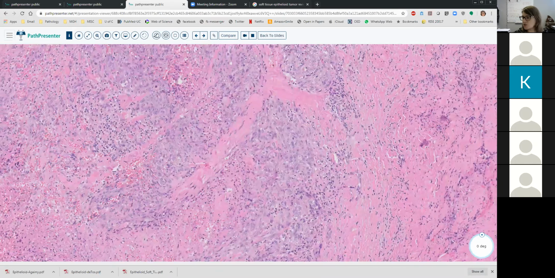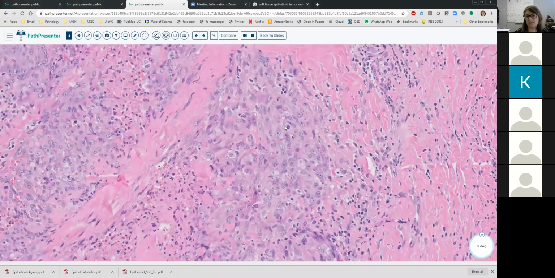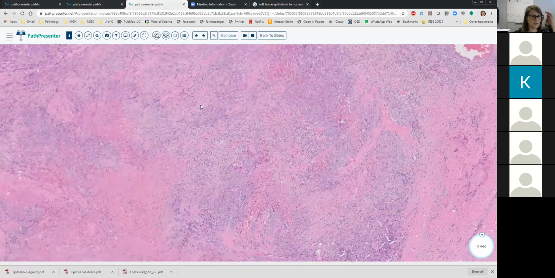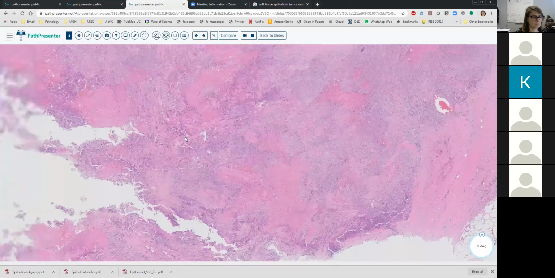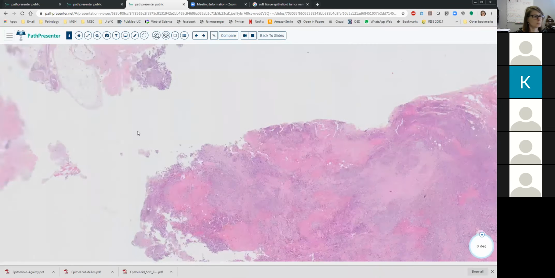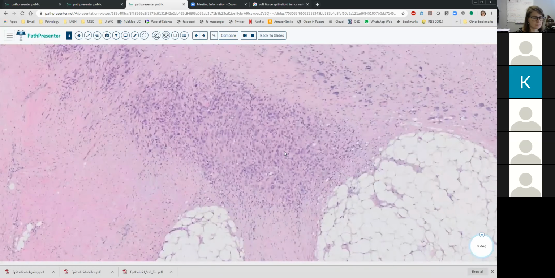But again, just like the other epithelioid malignant neoplasms, this is going to be strongly keratin positive, okay? How are you going to not call it carcinoma? What immunostain are you going to do to not call it carcinoma?